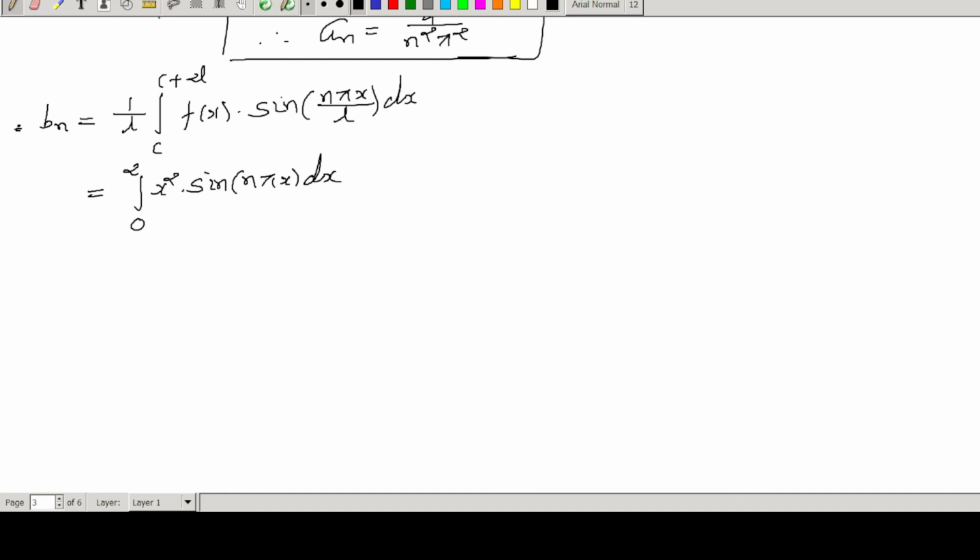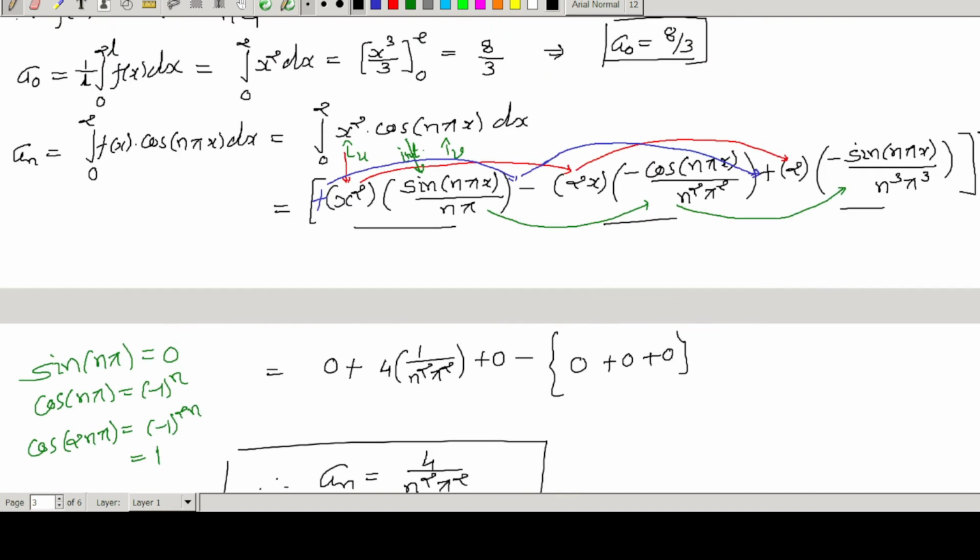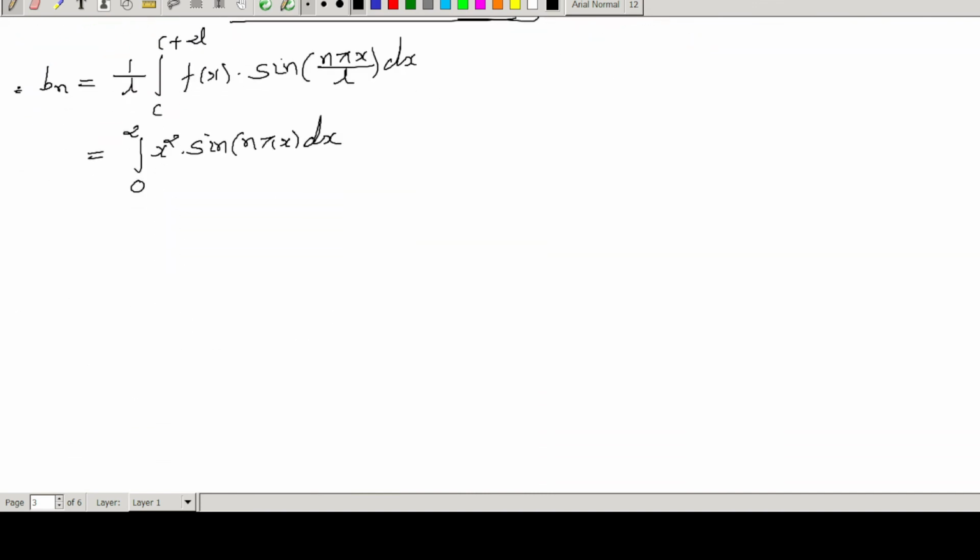Now integrate this quantity just like we integrated x square into cos n pi x. This is u, this is v. Again u as it is, integration of v. What is the integration of sine n pi x? It is minus cos n pi x upon n pi.